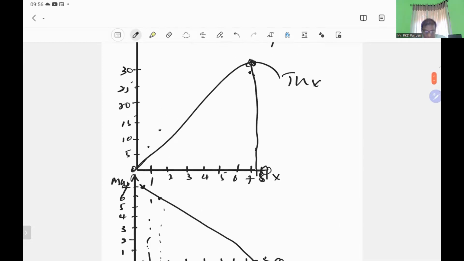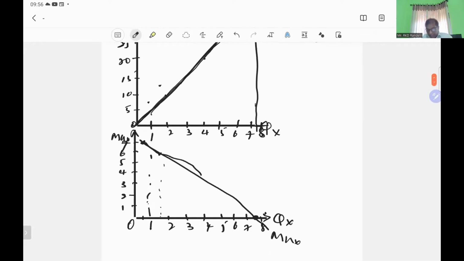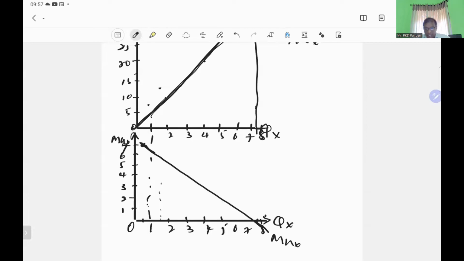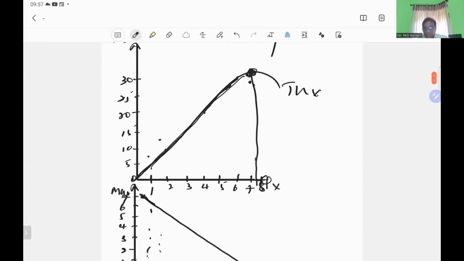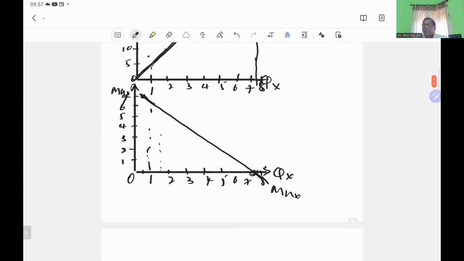Normally TU is positive, MU is a negative slope, left to right downwards. But the figures are positive, right? At the maximum point of the TU, MU becomes 0.